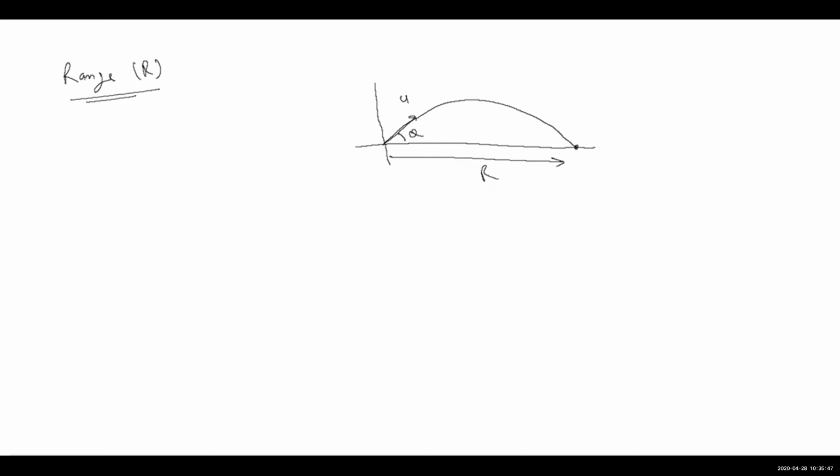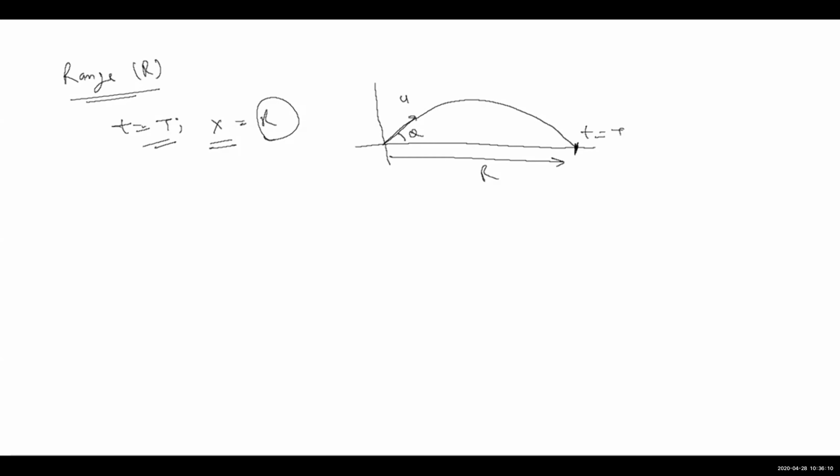The thing is, this is the range and this time is capital T. So after t equals capital T, the displacement along the x-axis will be R. After this much time, whatever the displacement along the x-axis is, that displacement will be defined as the range.